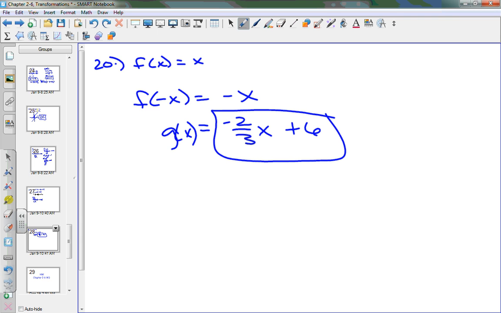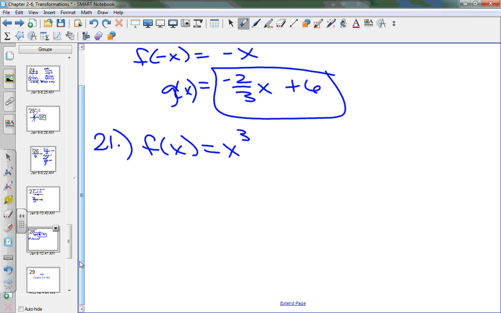F of x is x cubed. What does x cubed look like? Spaghetti. Okay? It's stretched by a factor of 4. What's that give you? 4x cubed.